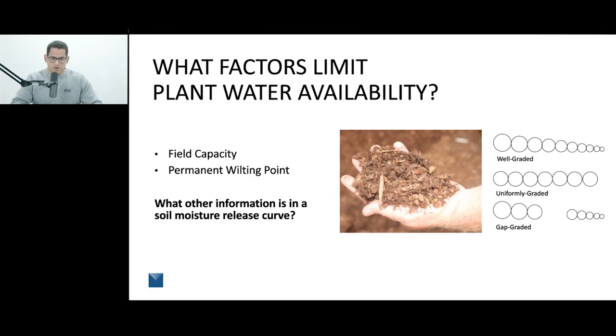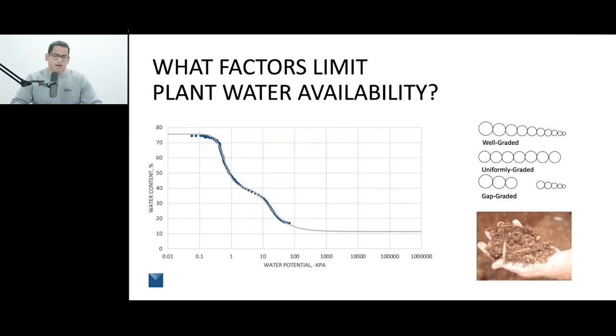It turns out that it does, especially depending on how big that gap is. And that's what we started to learn from the soil moisture release curve that we generated for this soilless media. Here you can see the curve for that media. We assumed it was going to be slightly gap graded because you have bigger pores created by the structure of the media and the materials in there, but also a lot of fine pores contained within the media itself, the bark and those things.